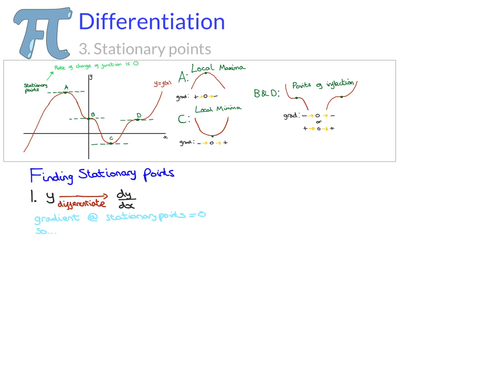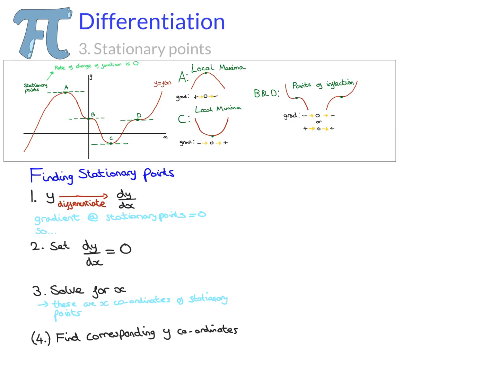Since we are interested in the points where the gradient is zero, we state that at stationary points, dy/dx must equal zero. From this we can solve the equation to see what x values satisfy it, and these will be the x-coordinates of the stationary points. We find dy/dx, we set it to zero, and then we solve the equation to find the x-coordinates.